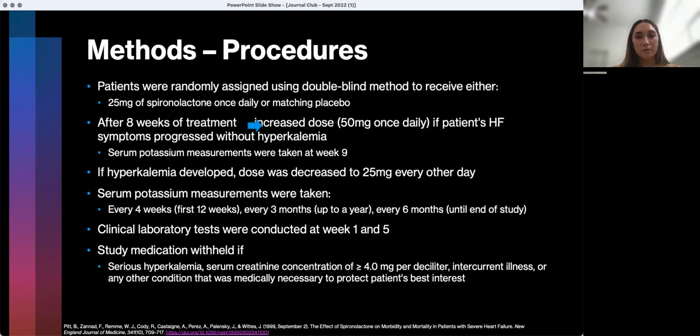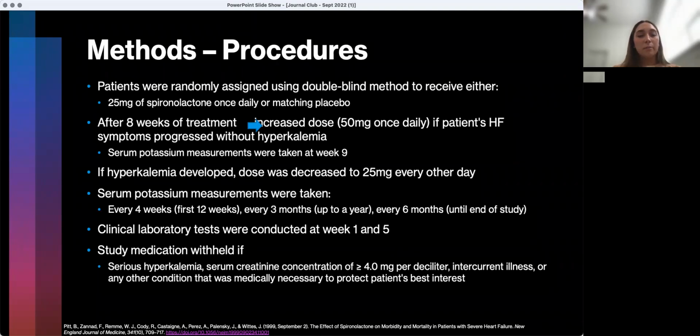After 8 weeks of treatment, the dose was increased to 50 milligrams once daily if patients had heart failure symptoms that were progressing and getting worse without hyperkalemia. Serum potassium measurements were taken the following week, 1 week after the increased dose, to make sure that there wasn't any hyperkalemia.